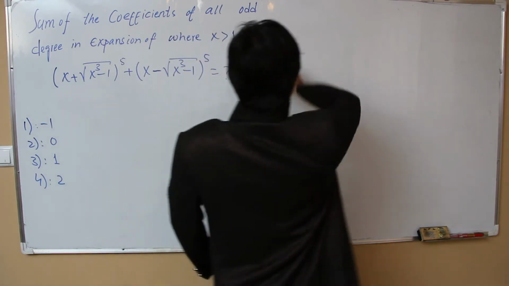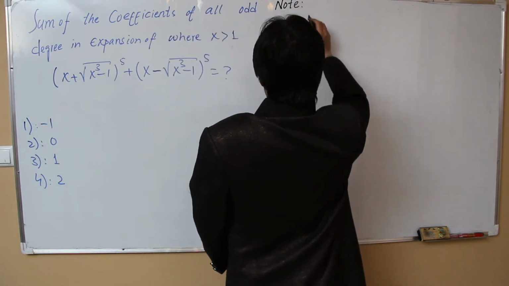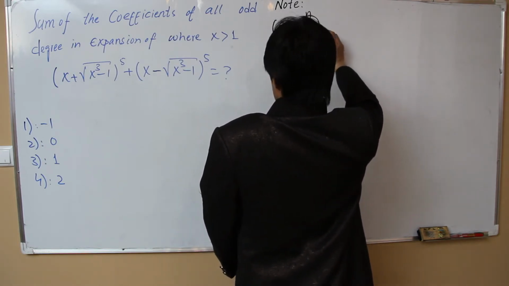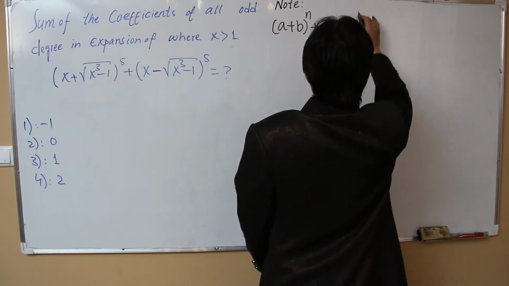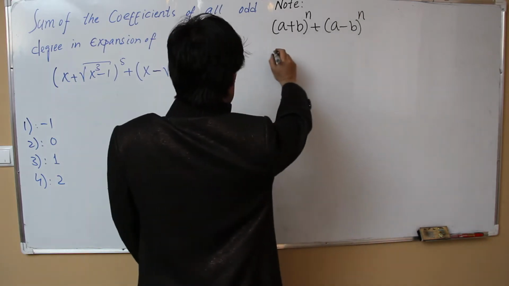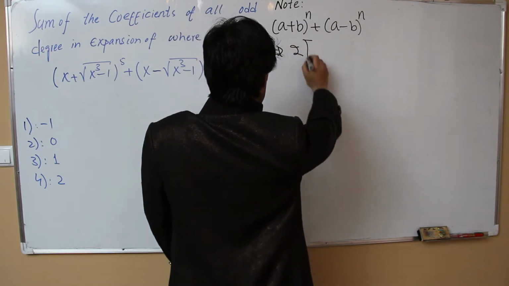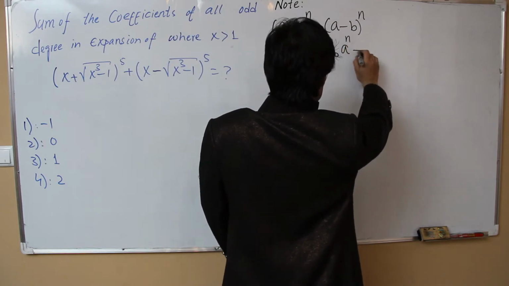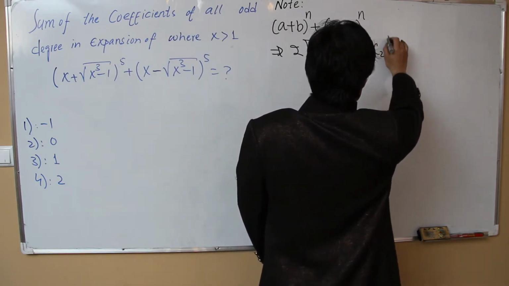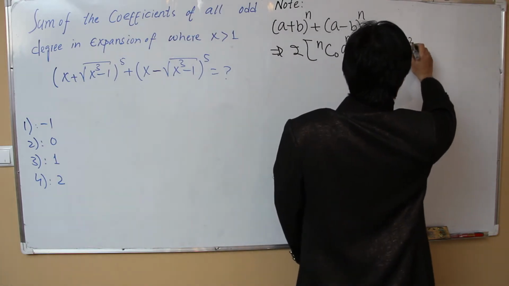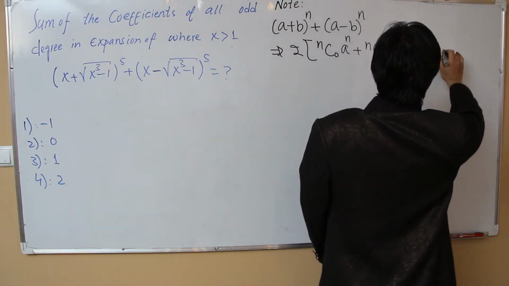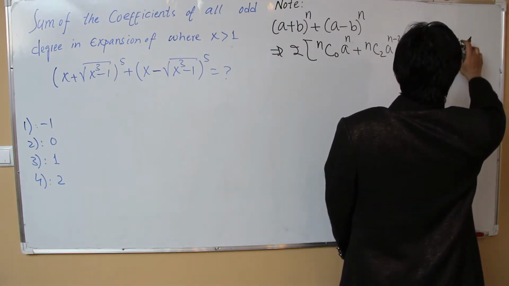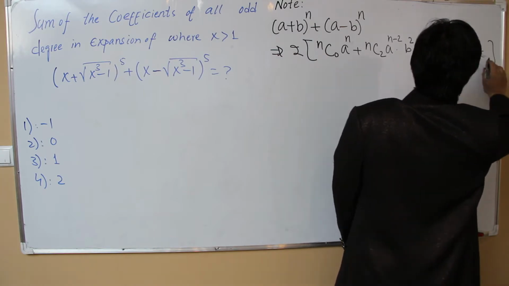By the way, you have to memorize one formula. If we have (a plus b) raised to the power n plus (a minus b) raised to the power n, for this one we can use 2 times [nC0 a to the power n plus nC2 a to the power n minus 2 b to the power 2 plus nC4 a raised to the power n minus 4 b raised to the power 4 plus dot dot dot].